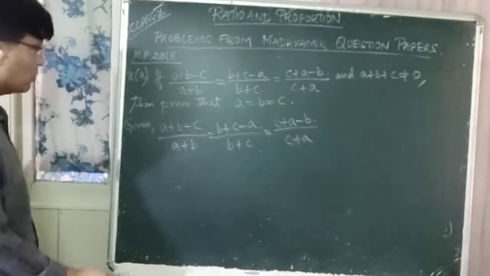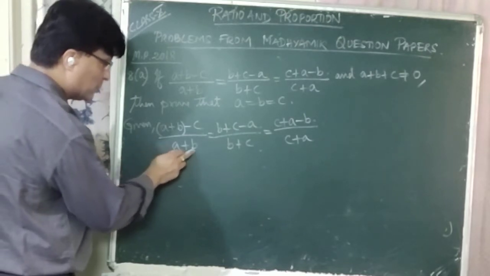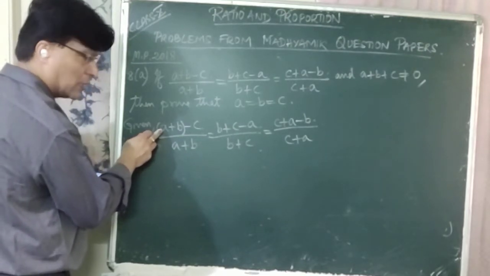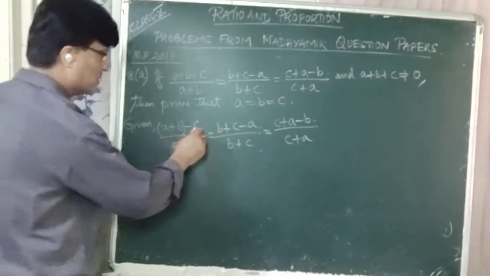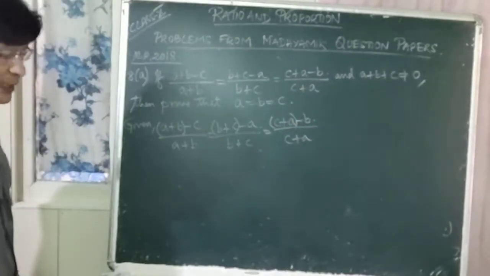Alright, so now because there is A + B in the denominator, let us write A + B within first bracket. B + C again within first bracket, C + A again within first bracket.